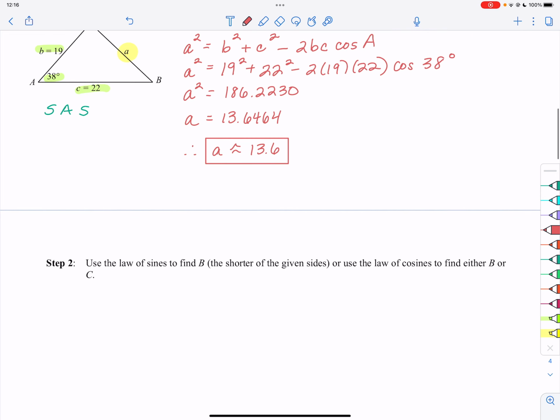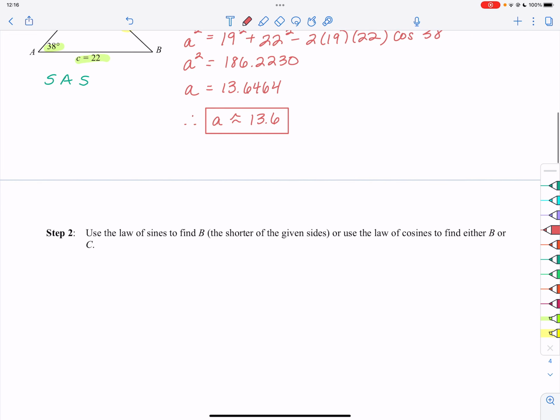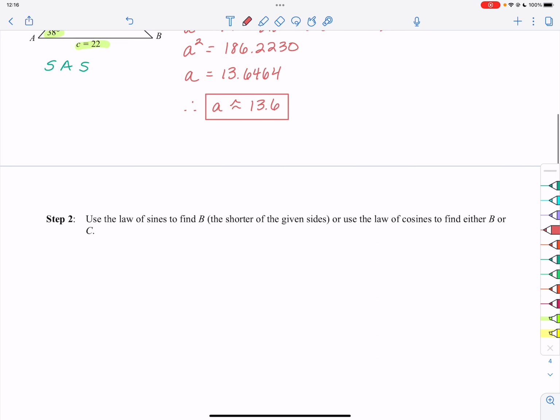Okay, let's now use the law of sines to find angle B. Or we could also use the law of cosines to find either B or C. So we could go ahead and do both of those. Why not?